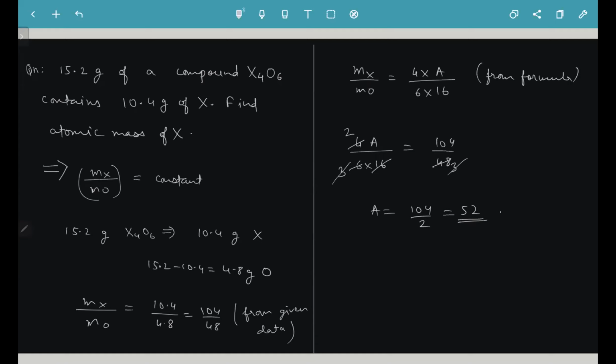But chromium forms Cr2O3 and not Cr4O6. So okay, the question is hypothetical. Fine. Understood? Understood everyone? So how have we applied the law of conservation of mass to solve this?